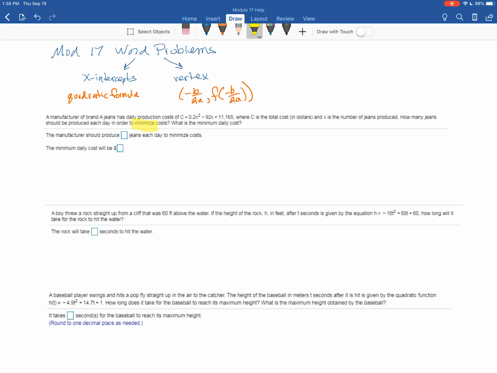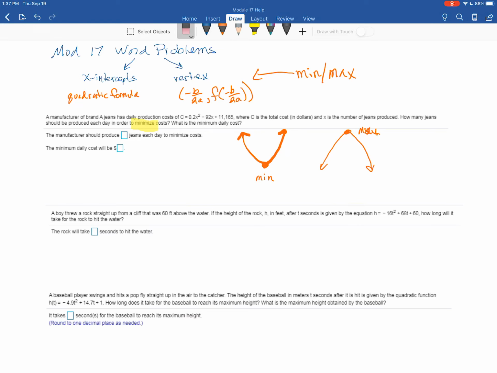The minimize. Anytime it says min or max, if you are ever trying to find the minimum or the maximum value, that is the key that you are trying to find a vertex, right? Because a parabola either opens upward, in which case the vertex is a minimum, or a parabola opens downward, in which case the vertex is its maximum.